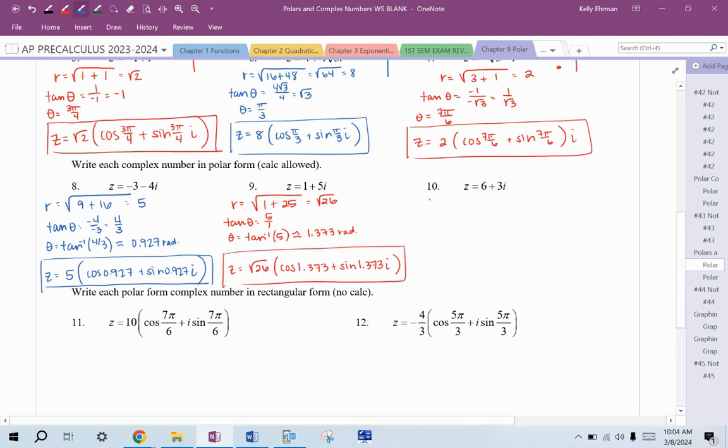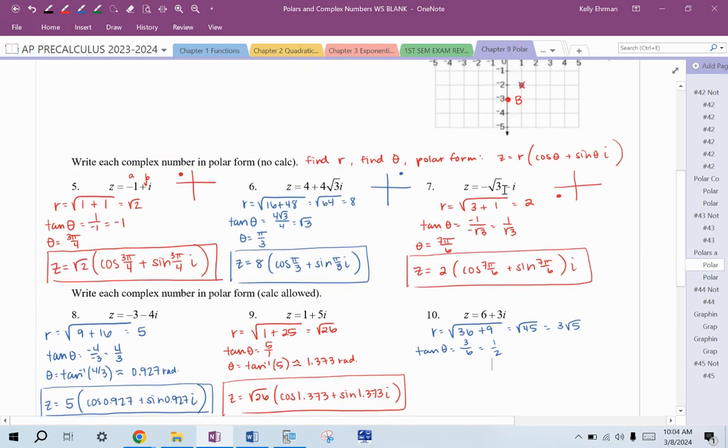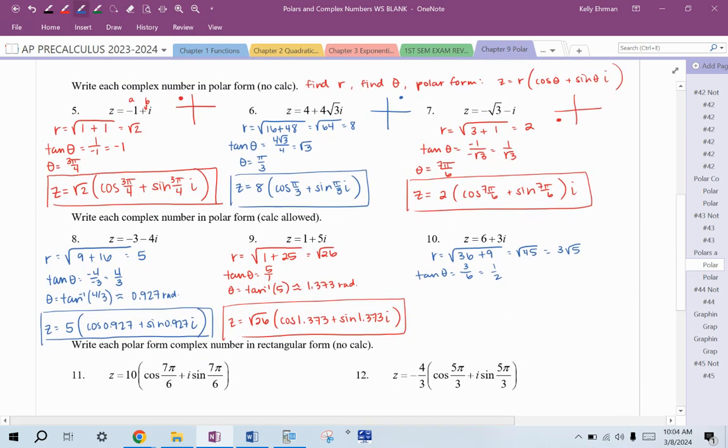And the final one of these, r is equal to the square root of 36 plus 9. That's the square root of 45, which does simplify, 3 radical 5. Tangent of theta would equal 3 over 6. Didn't we just do this one? Let's take a look. Or was that in the notes? Oh, that might have been in the notes. Okay, so I'll do it again.